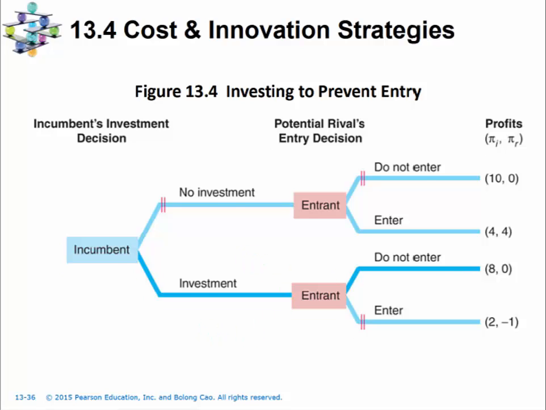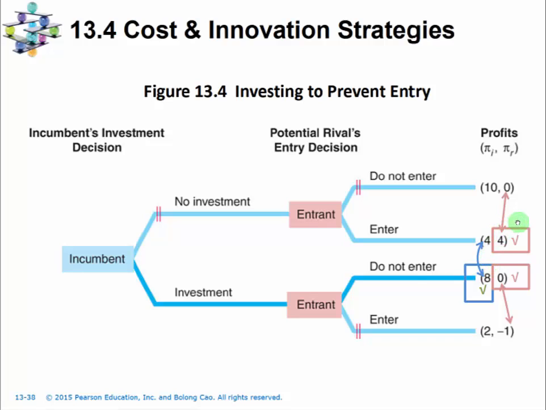Let's look at the backward induction and the subgame perfect Nash equilibrium. In the top subgame, after the incumbent made no investment, the entrant will compare 0 and 4 and choose to enter into this market. In the lower branch, when the incumbent has made the investment, the entrant will compare 0 and -1 and choose to stay out of this market.